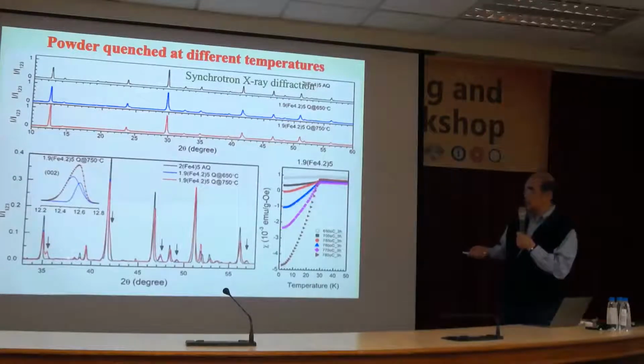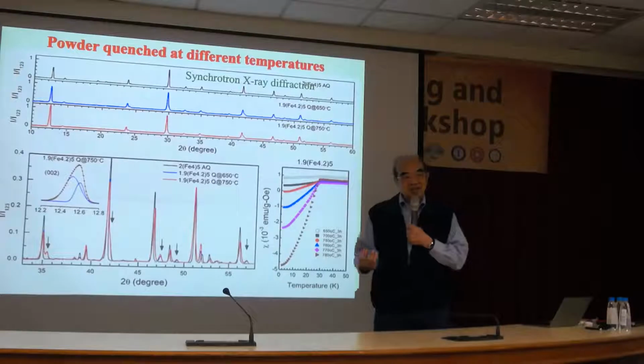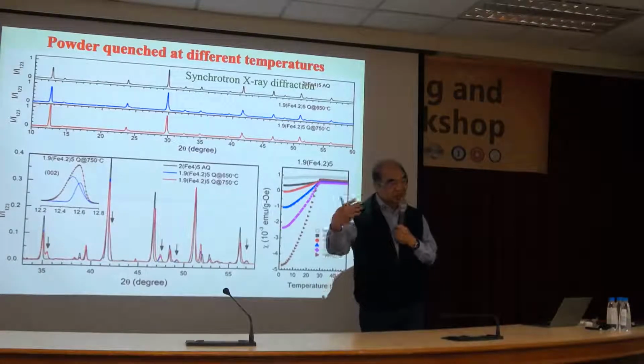This is a comparison of two X-ray patterns. One is non-superconducting. The red one is the very good superconductor with a very high volume fraction. You see, they are essentially the same, but there is some minor peak. In the early days, people saw that too, and they said, "Oh, this is the emergence of a second phase.